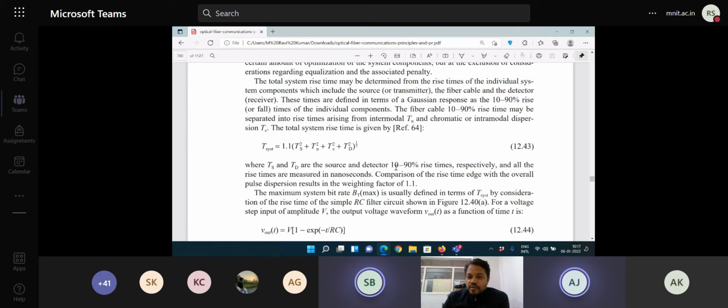Rise time is usually calculated as the time taken by the pulse to go from 10% to 90% of its final value. So TC is the, well, Tn is given here.